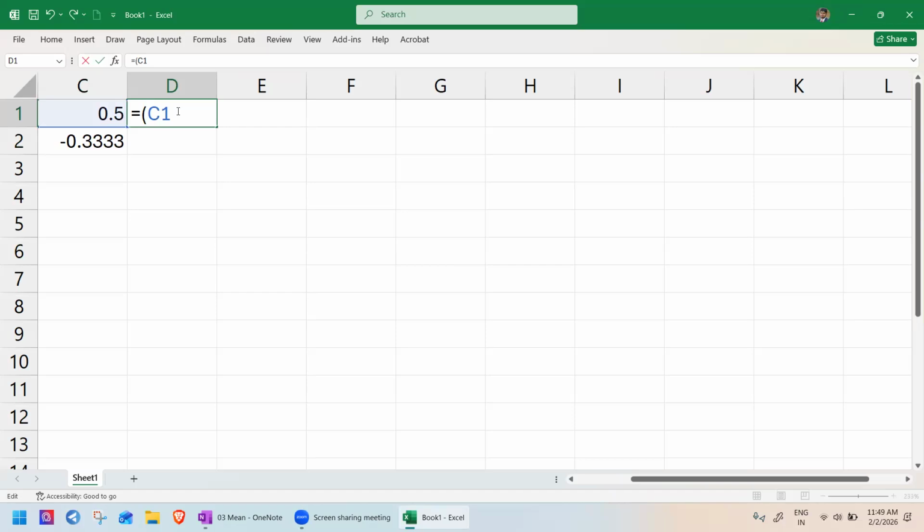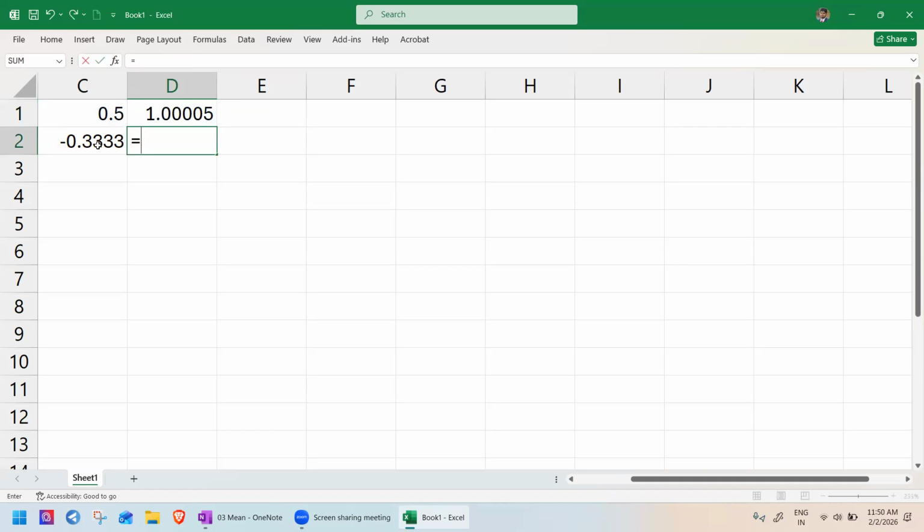1 plus this value into 1 plus this value, and we get 1.005.